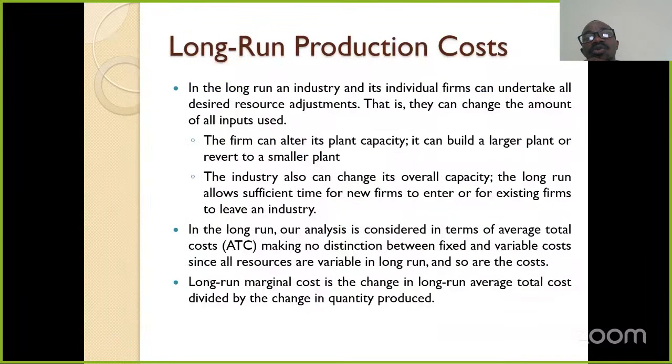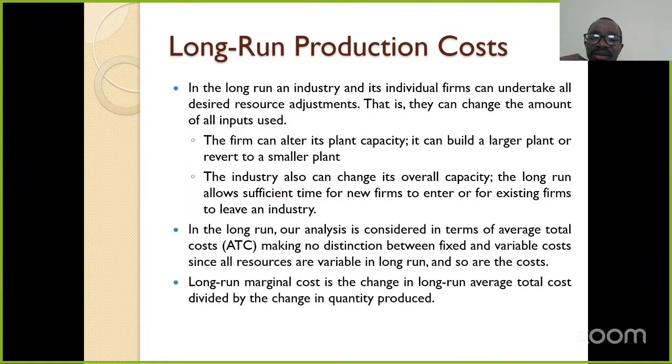Now let's get to long run production cost. So in the long run, since all resources are variable, the costs that are associated with long run production are all variable. We don't have fixed cost in long run production.